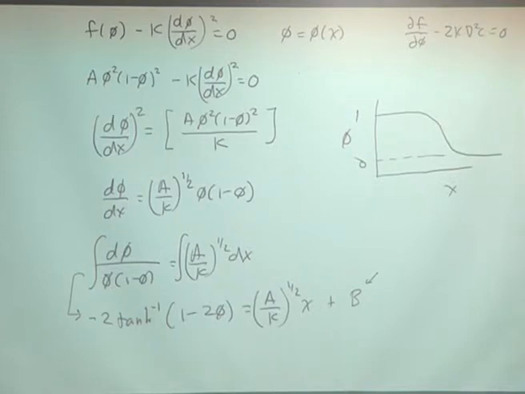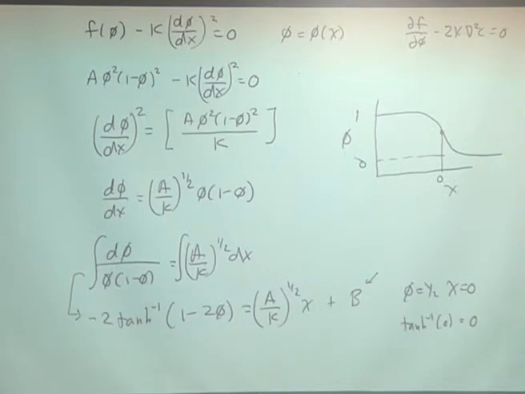And so let's say we put the interface at 0. So we're going to say phi is equal to 1/2 at x equals 0. And so if you plug in phi equal to 1/2, the inverse hyperbolic tangent of 0 equals 0.